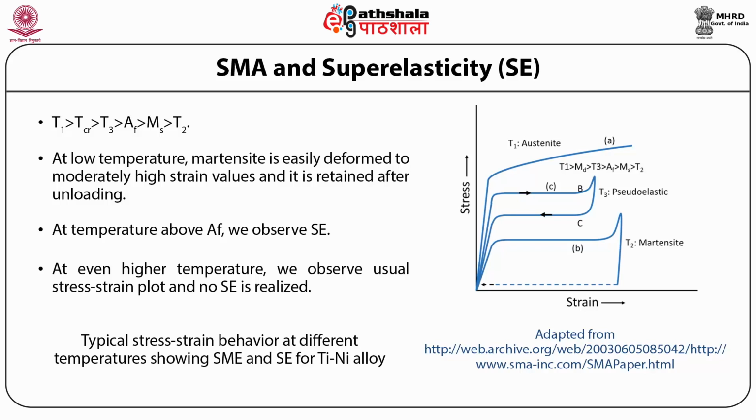At the microstructure level, upon heating, one or many variants of martensite transform back to the parent phase and hence the strain is recovered. At very high temperature, which corresponds to the curve A, loading does not result in any phase transformation and the material shows the usual stress-strain plot with usual work hardening.